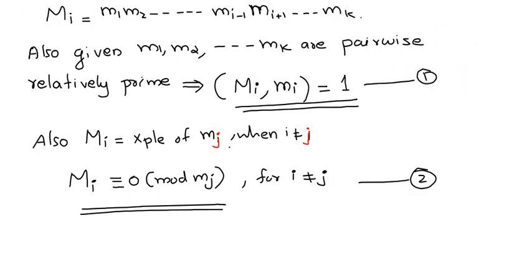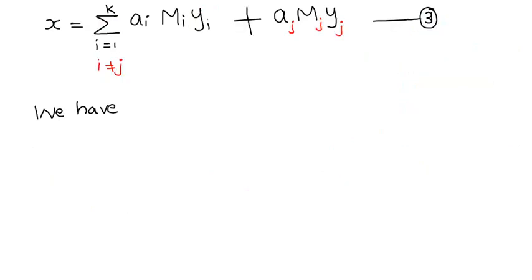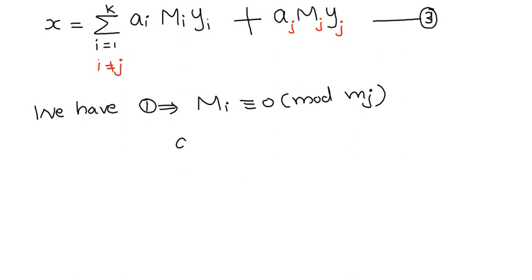The first equation is capital Mi is congruent to 0 mod small mj. From this, multiply both sides by ai yi, which gives ai yi times Mi is congruent to ai yi times 0, which is 0 mod mj.